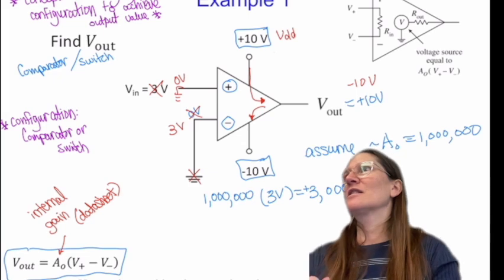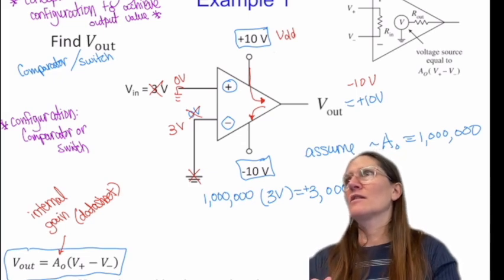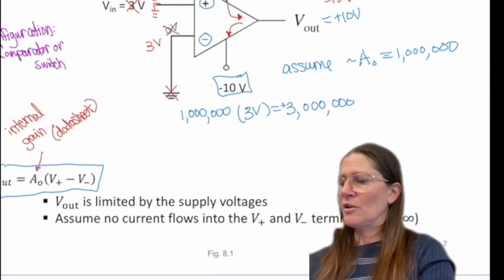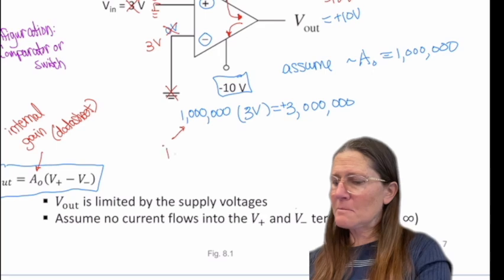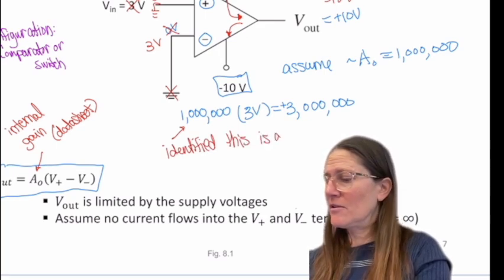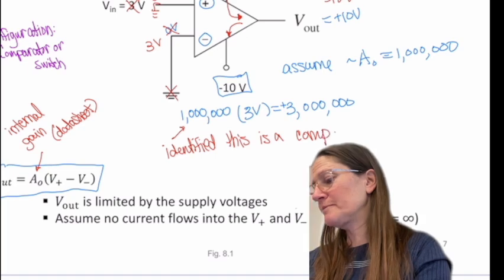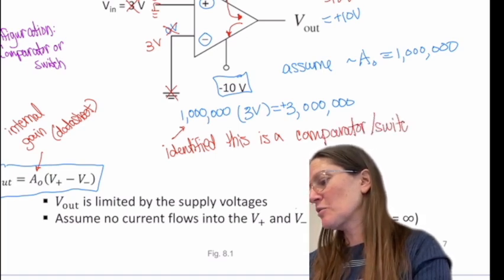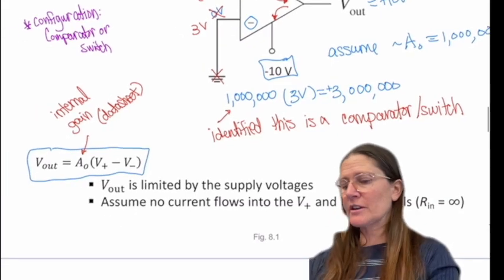Yes. Could you just explain what that 3 million right there is? I'm just kind of confused about that. So we identified this was a comparator switch. And with that, we know this characteristic equation.